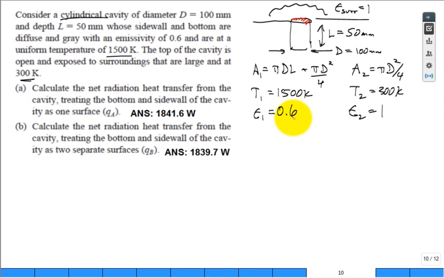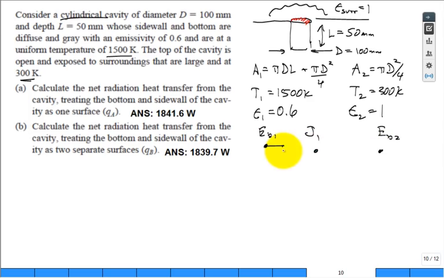Well, this one we can solve, can't we? The only thing we have to do is get the view factor. Let me write out the network. We'll have EB1, we'll have J1. We don't need a J2 because it's a black surface, but we have an EB2 surface node.